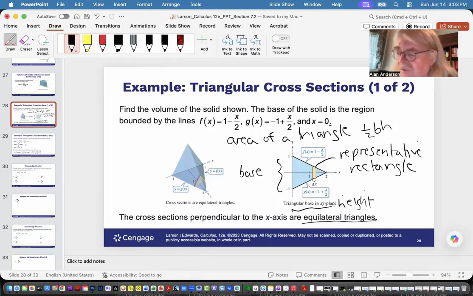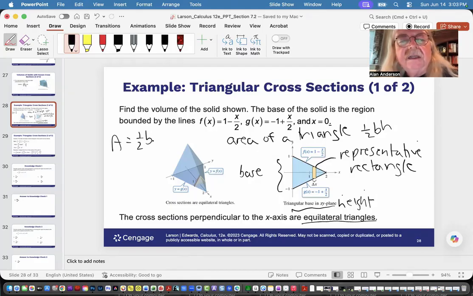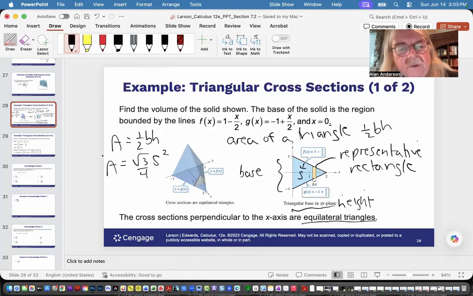And it has its own unique formula for the area. So instead of using 1/2 base times height, instead we're going to look at radical 3/4 s squared. S is the side that's the same for both. In other words, this would be S. Whatever that is, the distance from the axis to 2 is the side. So we're going to use this formula instead of this one to come up with our results.